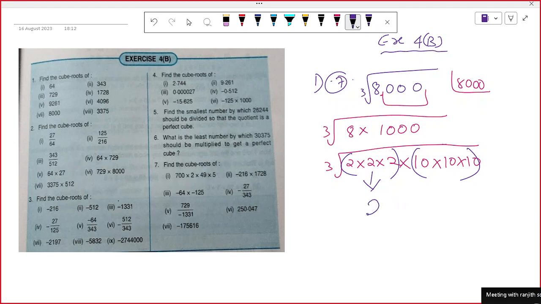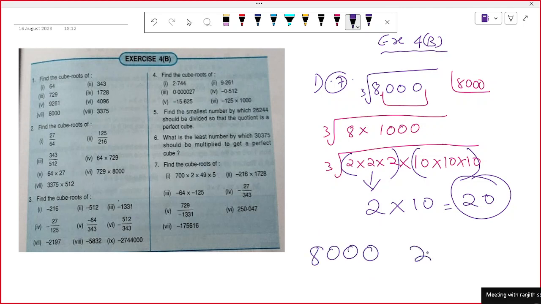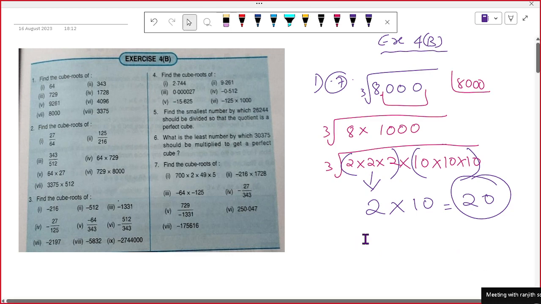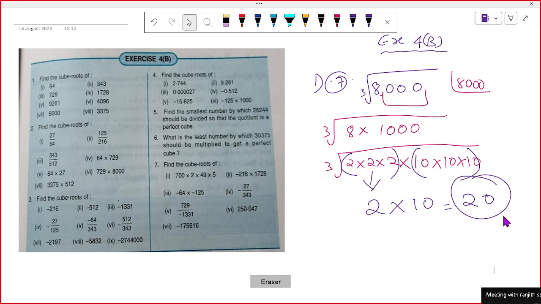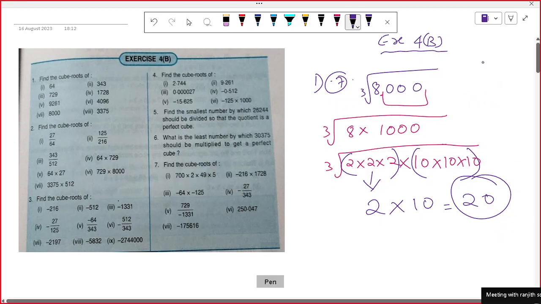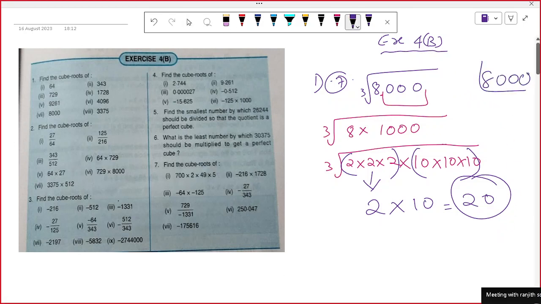What's the answer, Akansha? Sir, 2 into 10. 20. This is how we have to solve, students. Whenever zeros are given, like 8,000, 27,000, all such values, split the zeros and cube. If it is square, same, split zeros. And if not, you can even factorize 8,000.